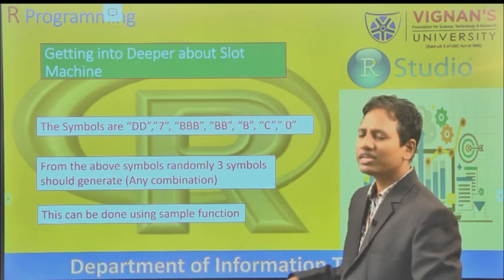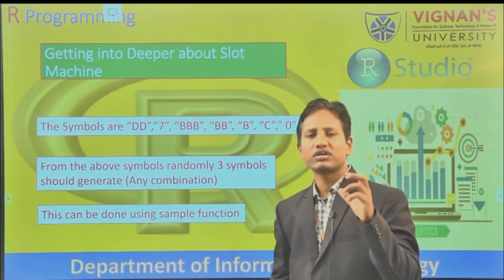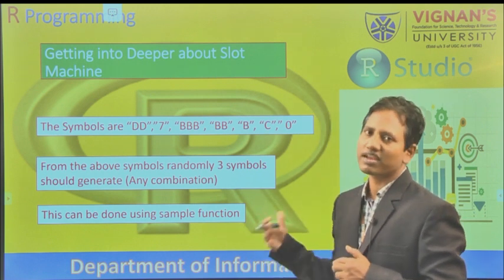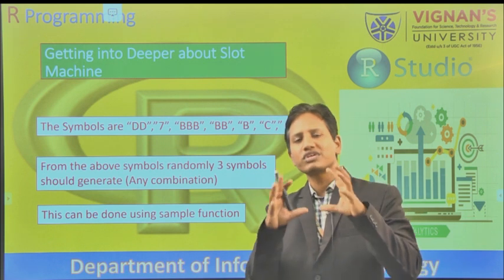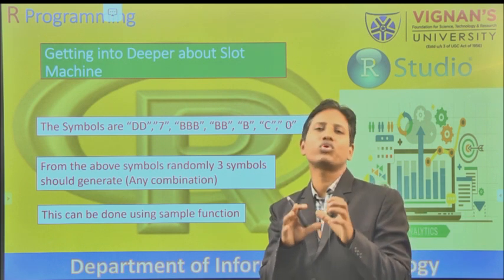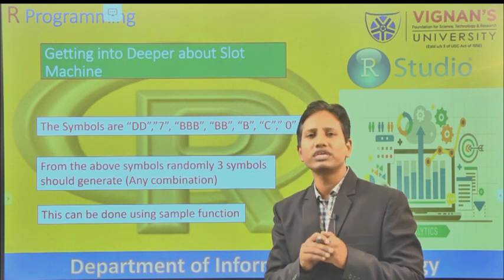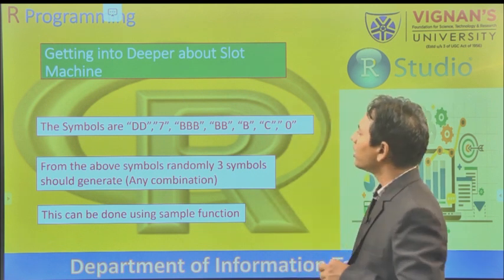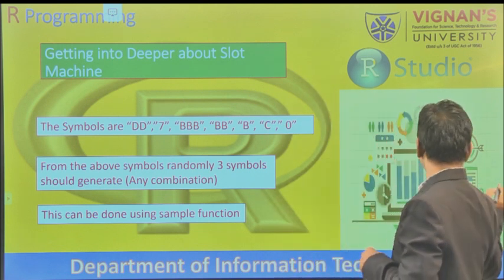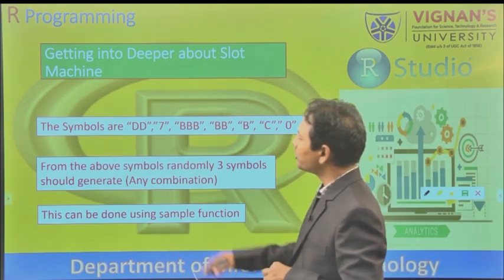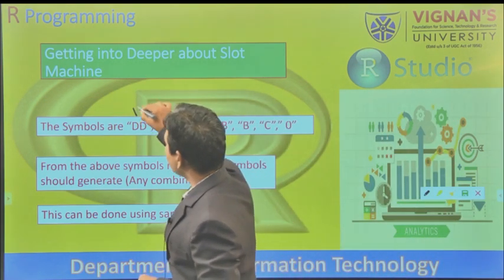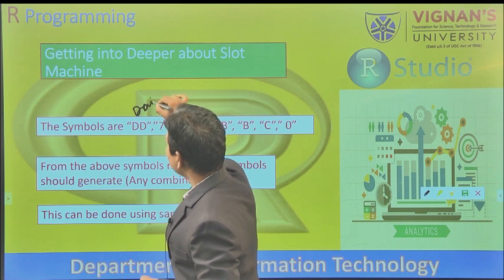Let's get deeper into this slot machine, because to develop a program we have to understand the problem statement thoroughly, then we can go for the development. Let's see what symbols we are going to use here. This DD is generally called a diamond.